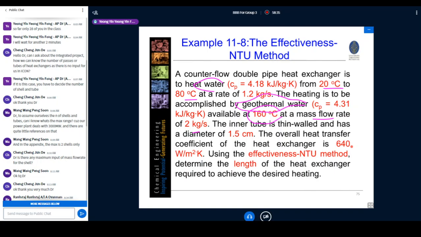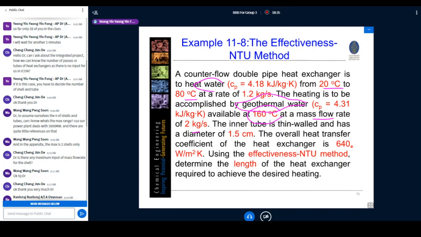Okay, and the TH in is equal to 160 degrees C with the mH 2 kilogram per second, and CPH is equal to 4.13 kilojoule per kg degree C. Okay, and then we do not know TH out.